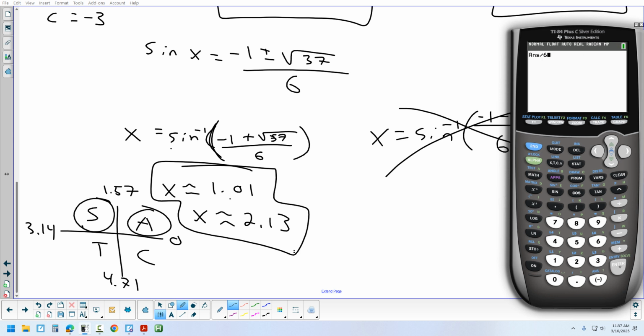Well, if you type in what we had on the left, negative 1 plus root 37, and divide by 6, is that 1/2, negative 1/2, root 3 over 2? No, it's not any of those numbers. This is not a number that ever came up when we did unit circle. 0.847. No. So that's how I knew it wasn't going to come out to a nice answer.